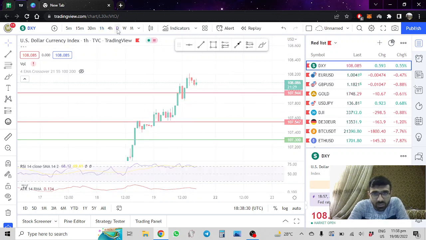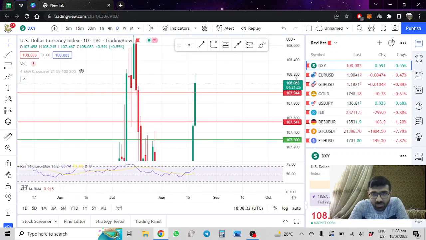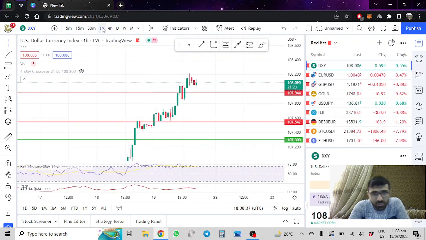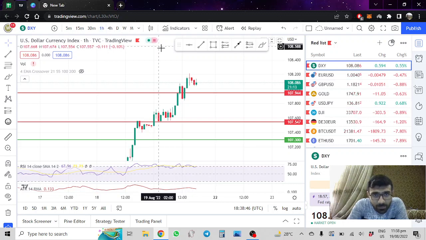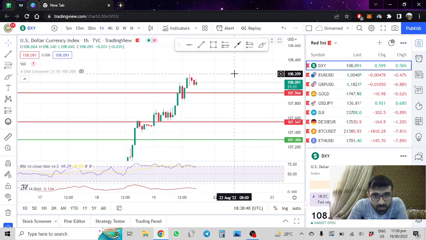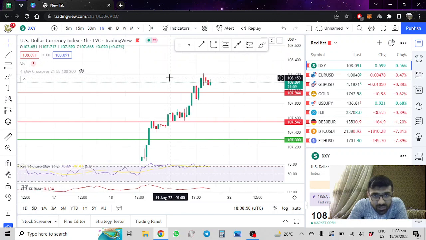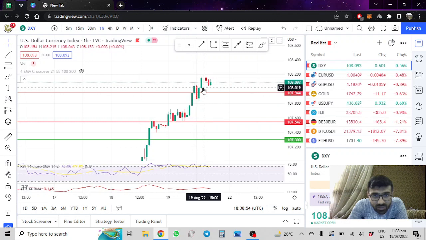If I open the daily chart, only 4 hours are left in the daily. After 4 hours, the market will be closed. So the scenarios that I'm going to give are probably going to happen on Monday, which is 22nd of August. What I am currently looking at is that the market has broken this area and even this area.